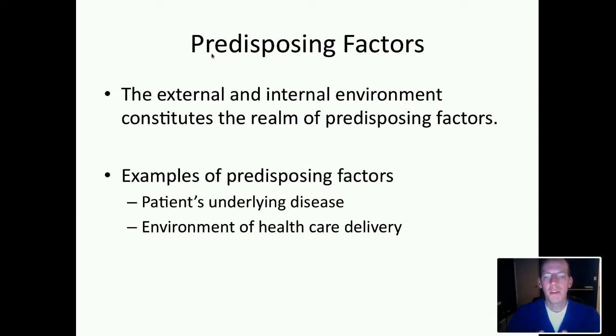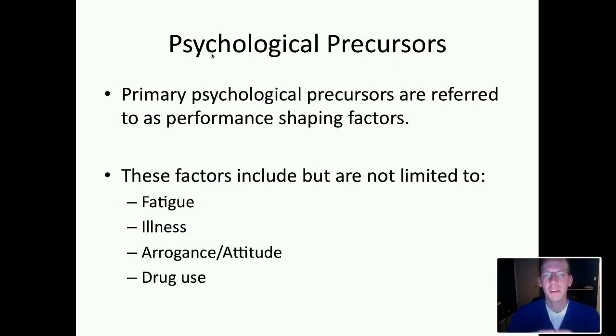Maybe it's in the environment of the healthcare delivery system. Is it at 3 in the morning, when you may have limited resources because of short staffing, when you have that sick patient and the piece of equipment fails? So you have both internal and external predisposing factors and the latent errors all playing into crisis evolution.